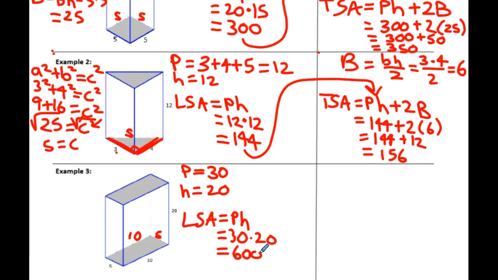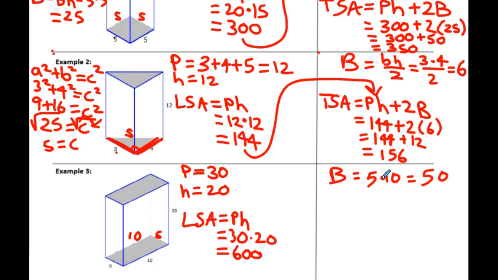Okay, I know I'm doing this a little fast, but it's because we just did it. All right. We need to find big B. Big B stands for area of the base. What's the area of the base? Okay, we take the base and the height of the base, 5 times 10, and we get 50.